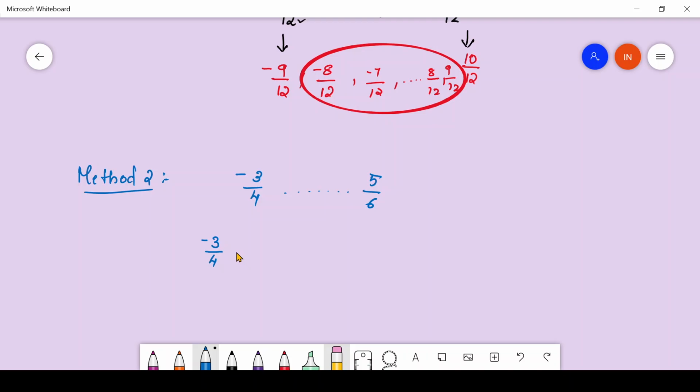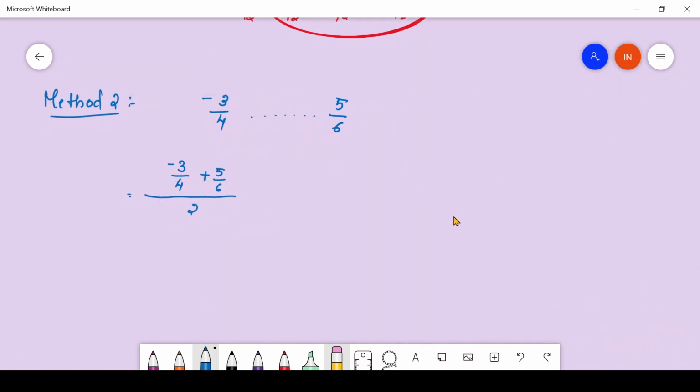So negative 3 by 4 plus 5 by 6, whole divided by 2. This is how you can find the mean. So how to do this? 4 and 6 are the denominators of the rational numbers. What is the LCM? LCM is 12. So you will get the numerator as negative 9 plus 10.